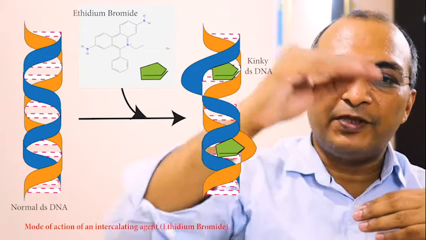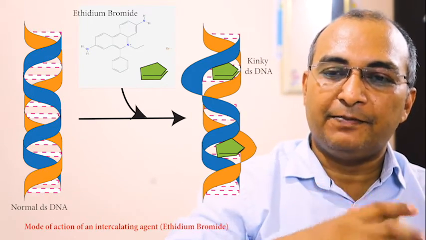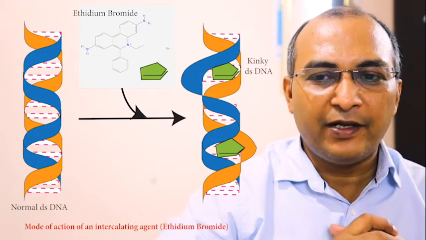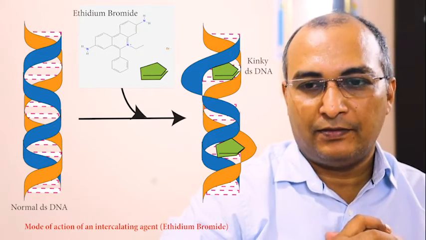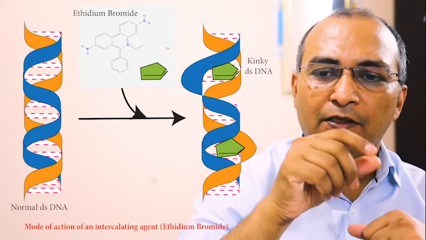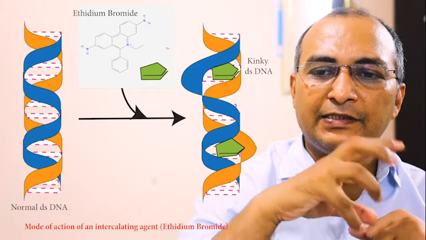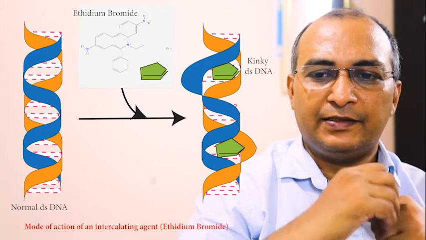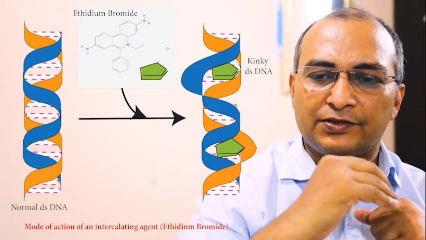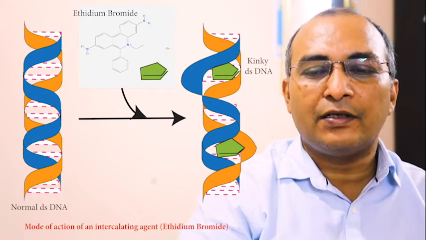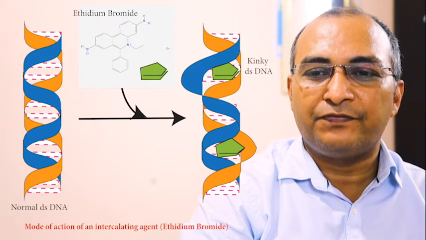It leads to formation of a loop in the double strand DNA, and that loop may cause deletion, because during the replication, the loop portion is not copied by the replicating machinery and gets deleted. Such sequences get deleted, and deletion results in frame shift mutation.